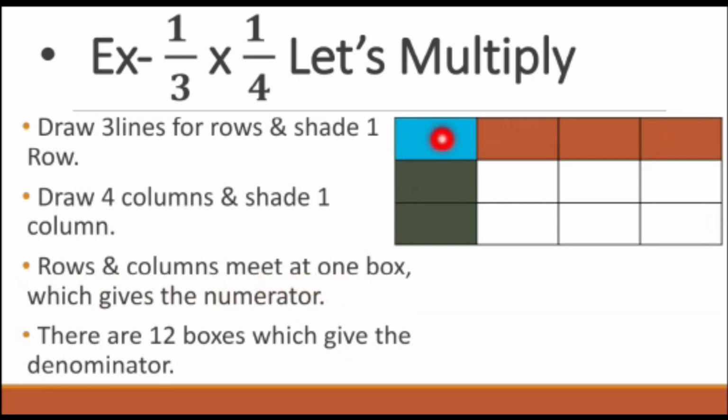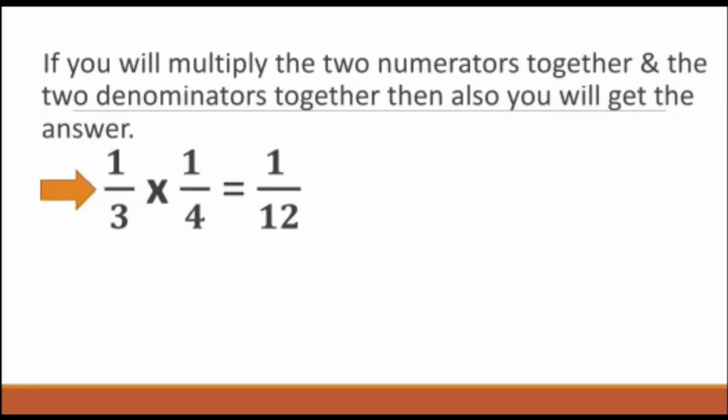Only one box where they meet gives the numerator. So the numerator is 1 and there are 12 boxes which give the denominator. So the answer is 1 by 12.